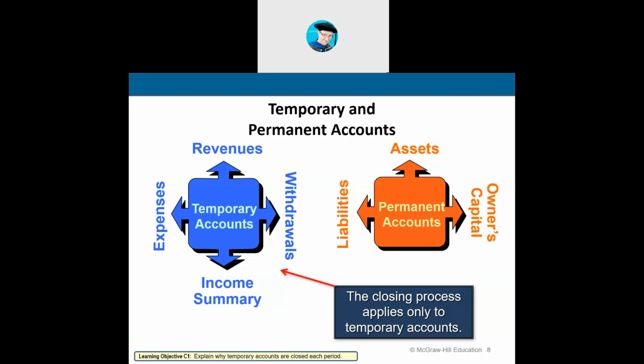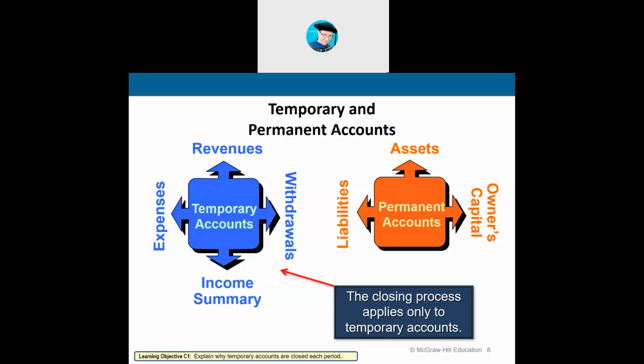That's why they're temporary, right? They don't hold a balance going into the next accounting period. So we do that through the closing process. We'll talk about that. But temporary accounts include things like revenue, expenses, net income, owner's withdrawals. Those are all temporary, okay? They get closed out at the end of each accounting period.